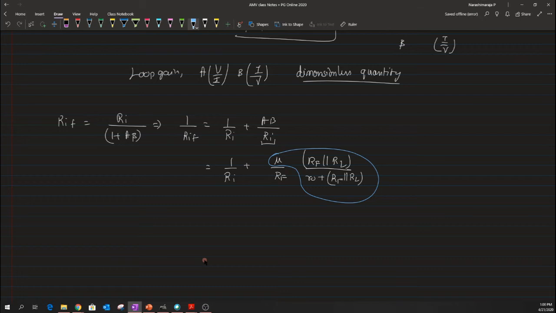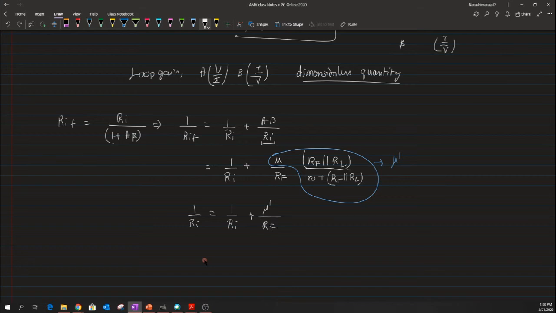So I could relabel this entire expression as mu prime, due to which I can rewrite this quantity 1 by Rif as 1 by Ri plus this mu prime, which is a unitless dimension, divided by Rf.